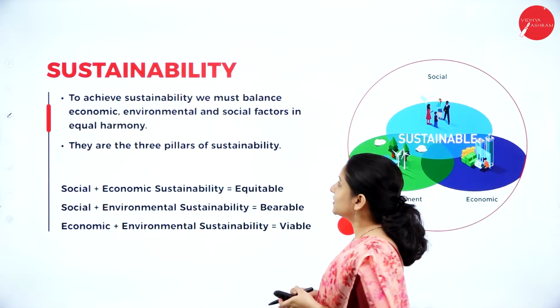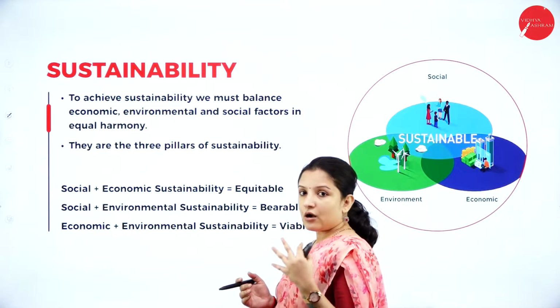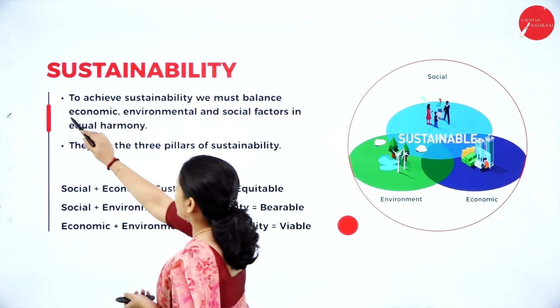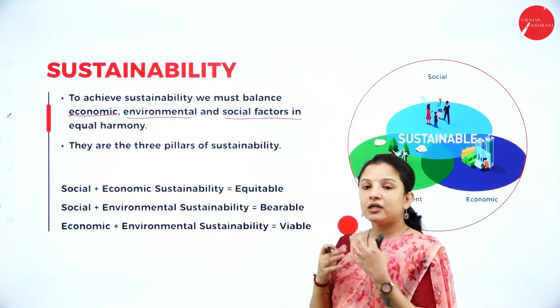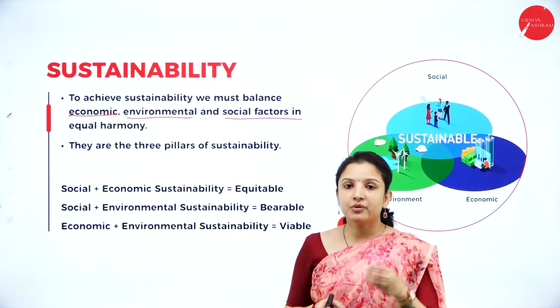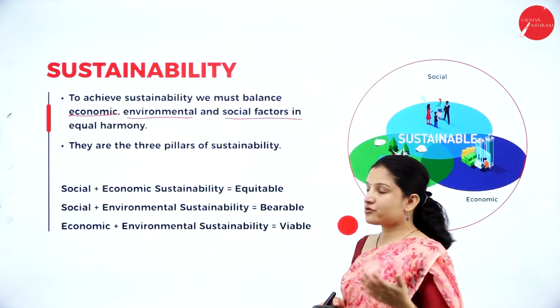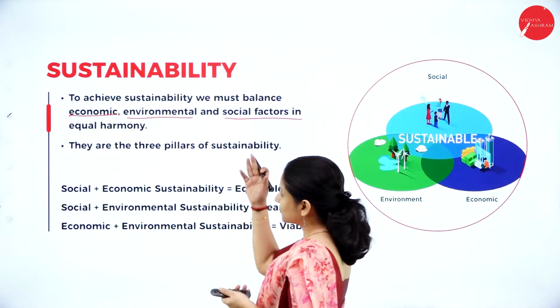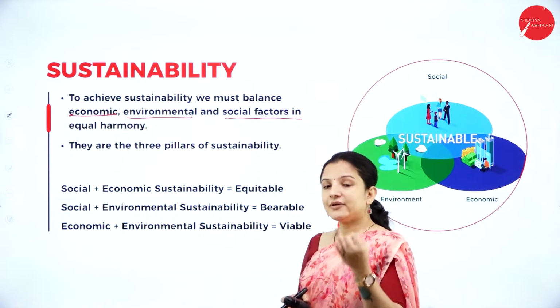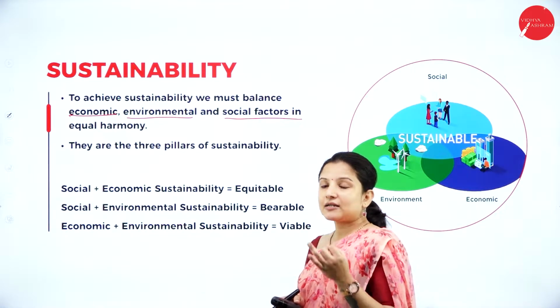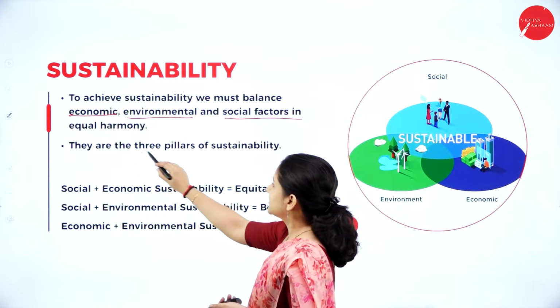To achieve sustainability, there must be a balance between the economic, environmental and social factors, and an equal harmony should be there between them. These three, the economy, the environment as well as the social factors, are the three pillars of sustainability.